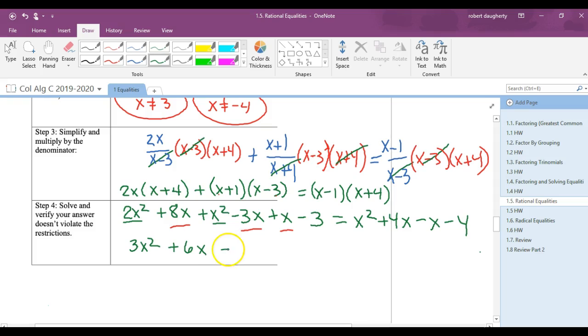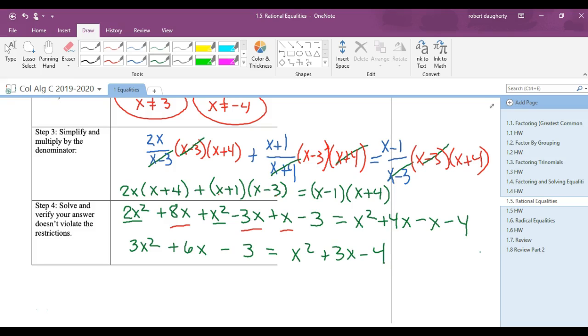And then I've got minus 3. So I combine the 2x squared and the x squared to get 3x squared. 8x minus 3x plus x is 6x minus 3 equal x squared plus 3x minus 4. This is looking better, okay?